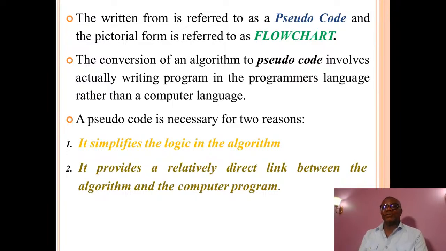For us, we write in English. A pseudocode is necessary for two reasons. One, it simplifies the logic in the algorithm, and two, it provides a relatively direct link between the algorithm and the computer program.